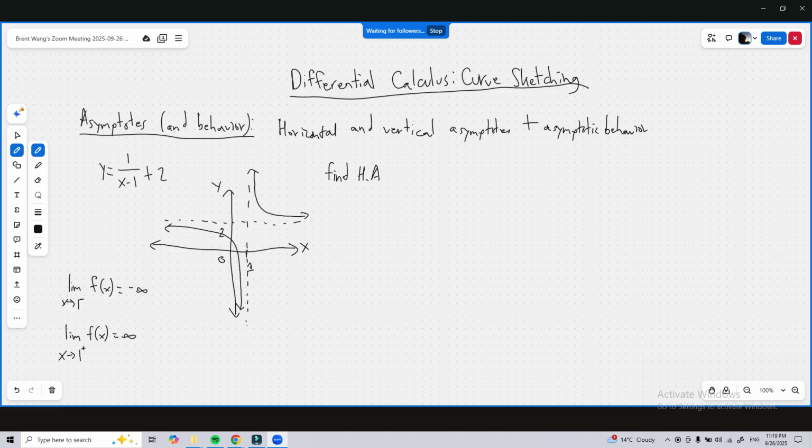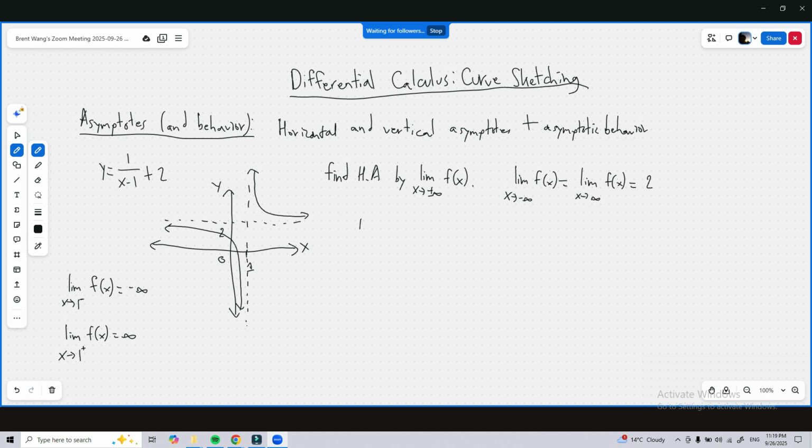Find HA by taking the limit as the function approaches infinity or negative infinity. You could have 0, 1, or 2 horizontal asymptotes. So here, if you didn't know how to graph this in grade 12, you could see the limit as x approaches negative infinity of f of x equals the limit as x approaches positive infinity of f of x, which would just be 2.